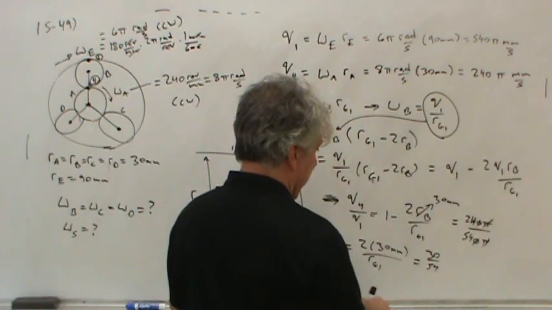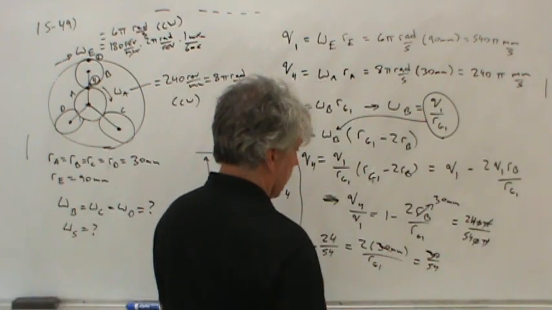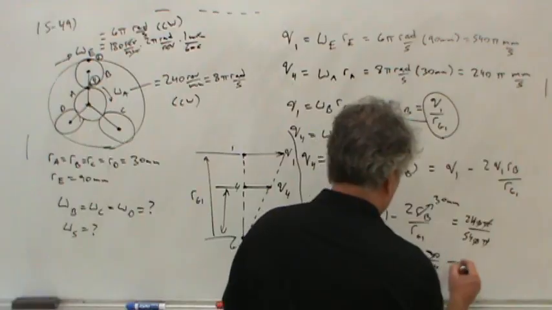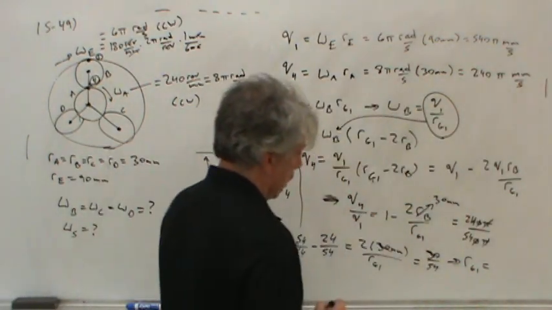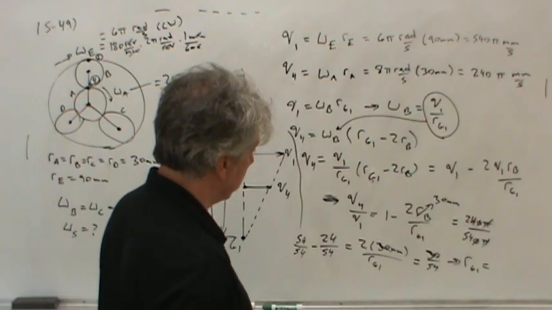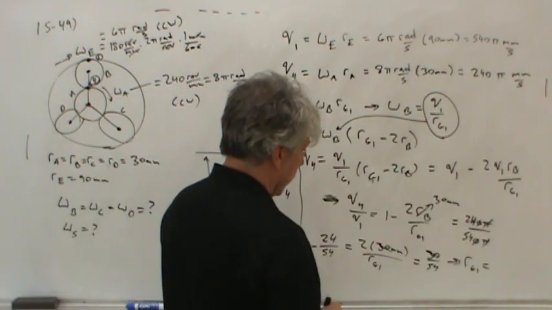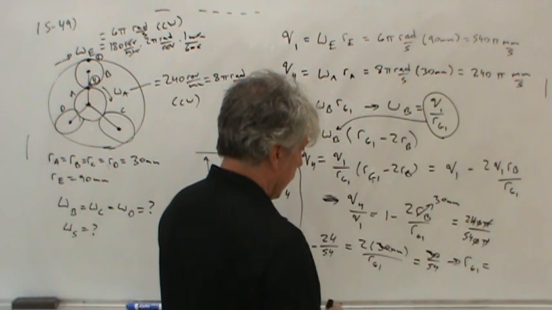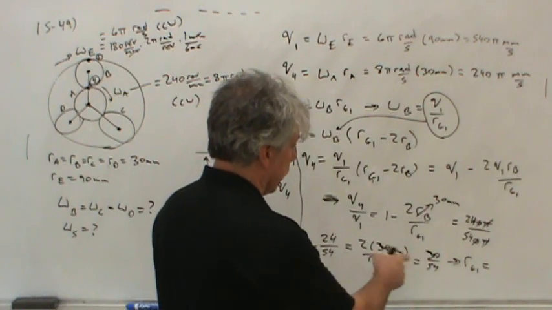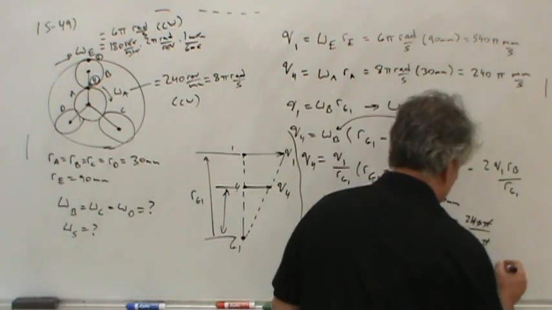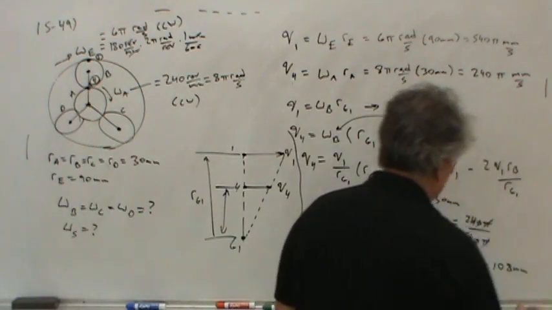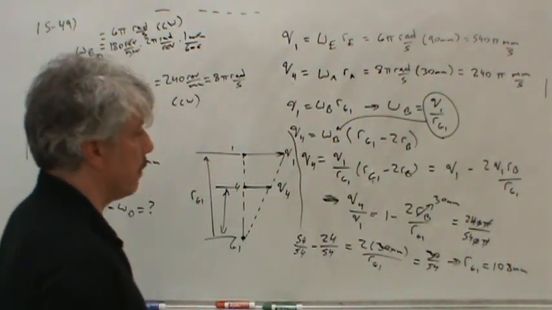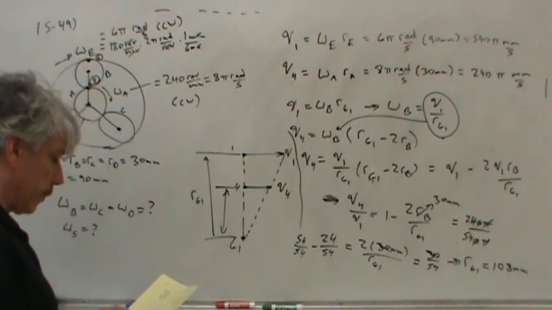So then if we divide by 2, well, we could cancel the 30s across if we wanted to. And then from this, RG1 would be equal to, we'll just invert and multiply. Well, no, multiply across actually. RG1 would be 2 times 54. So RG1 would have to be 108 millimeters. I was consistent with the units, so I didn't really need to write them down.